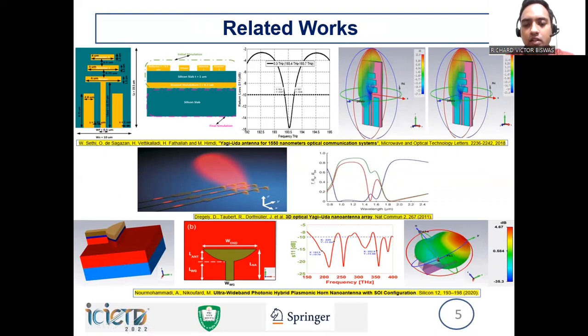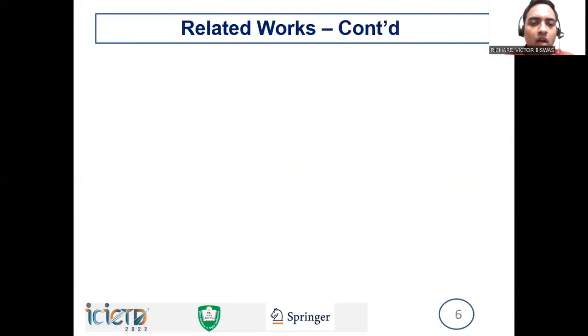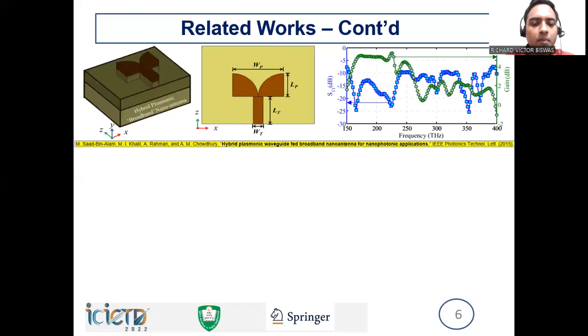Related works. Then a hybrid plasmonic waveguide-fed broadband nanoantenna for nanophotonic applications was modeled by Dregely et al. From the figure, the return loss and gain of this nanoantenna are -13 dB and 5.03 dB respectively.